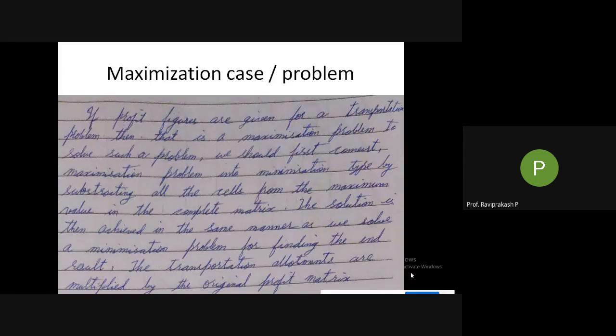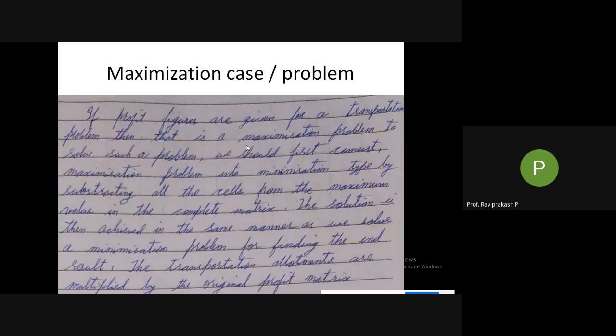So what they are telling here is, if profit figures are given instead of cost, it is called a maximization problem. To solve this, what we need to do? First, the maximization matrix has to be converted into a minimization matrix. How?